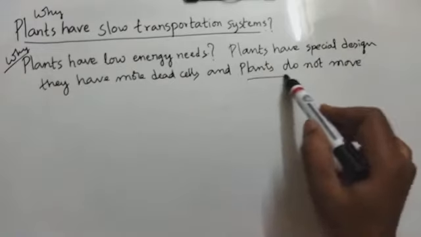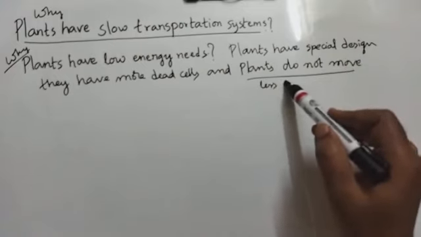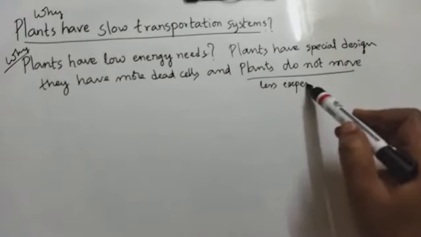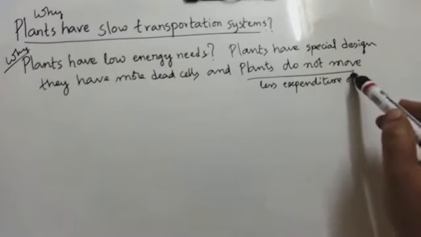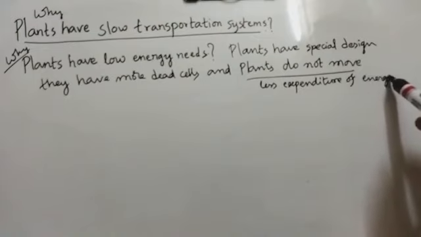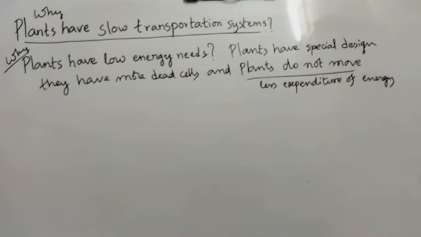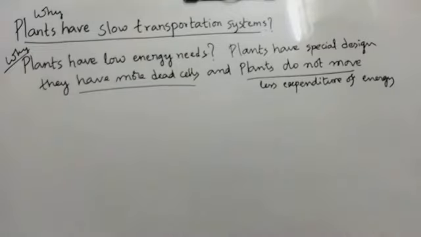If plants do not move, there is less expenditure of energy. If we move, then more expenditure of energy. If we do not move, less expenditure of energy. If plants have more live cells, more maintenance energy is required.